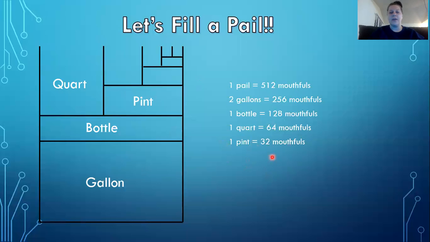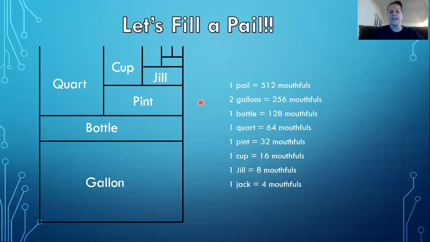It is 32 mouthfuls. 1 cup is half of a pint, as shown on our first slide when we were going over how many mouthfuls were in a pint. So there are 16 mouthfuls in 1 cup, and so that is half of our pint. And 1 jill is 8 mouthfuls, and that is half of a cup.